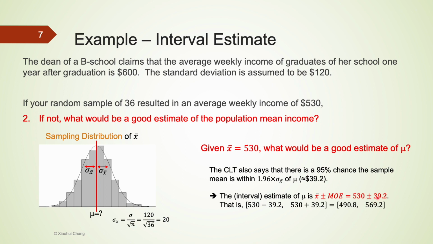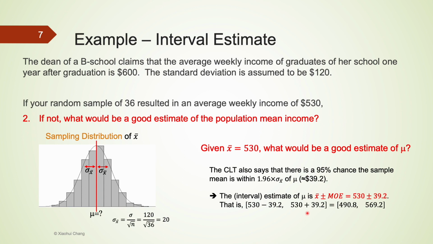That's about 39.2 here. It's an interval estimate between 530 minus 39.2 and 530 plus 39.2. I will explain how we could construct this kind of interval in the next few slides.